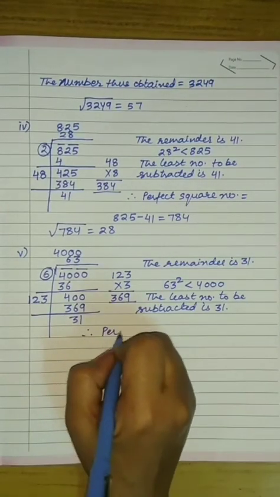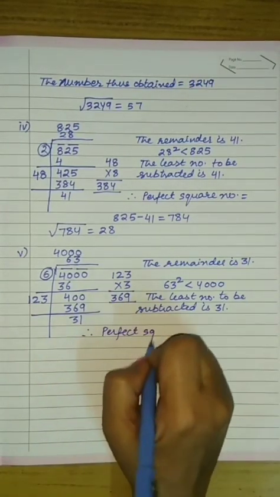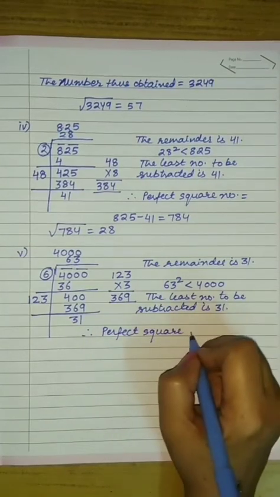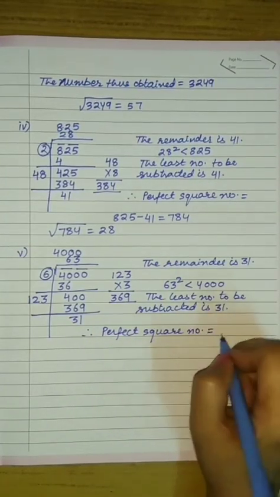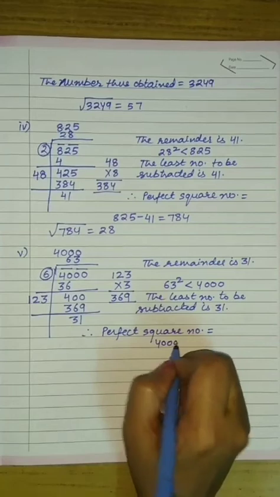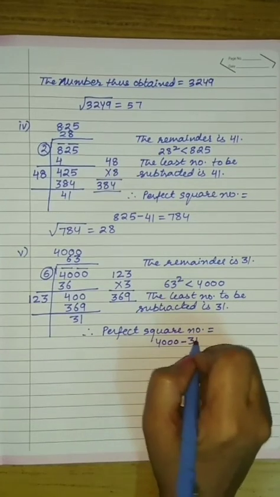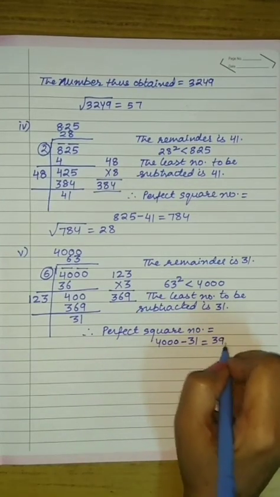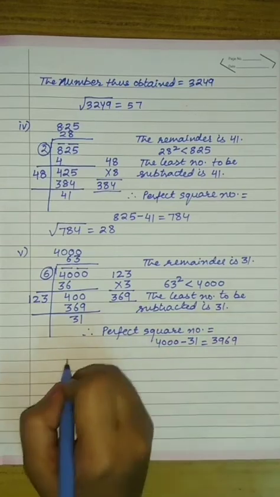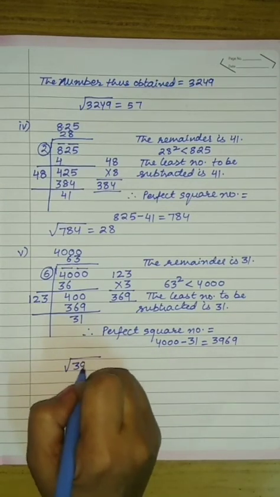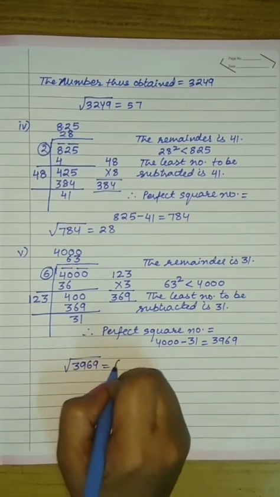Therefore the perfect square number is equal to 4000 minus 31, which is equal to 3969. So the square root of 3969 is equal to 63.